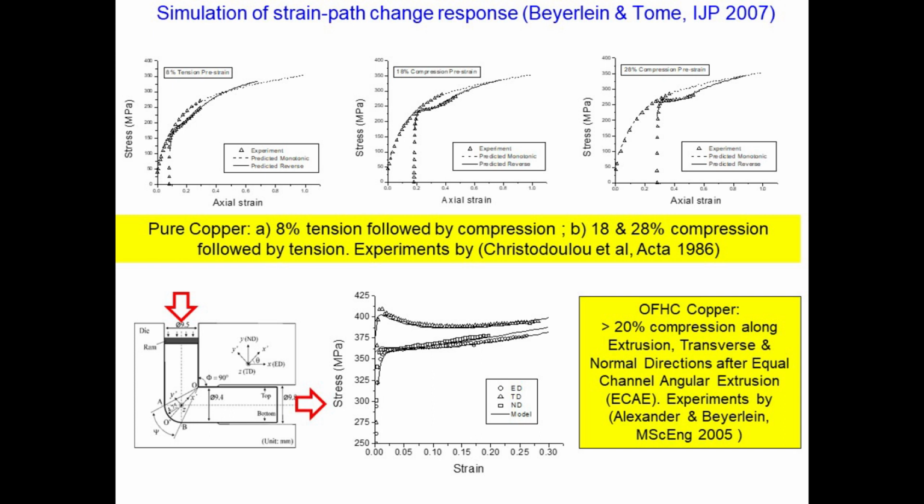We cut cubes, and we tested the cubes in the three different directions, and sure enough we get very different results depending on how we are compressing with respect to the previous shear direction that we introduced during equal channel angular extrusion. And once again, here are the results of the experiments and the results that we obtained with that model.